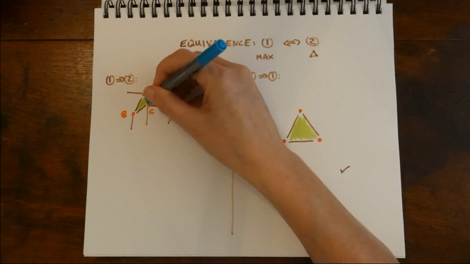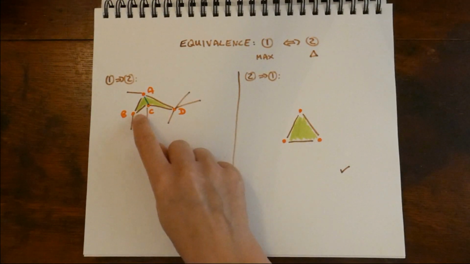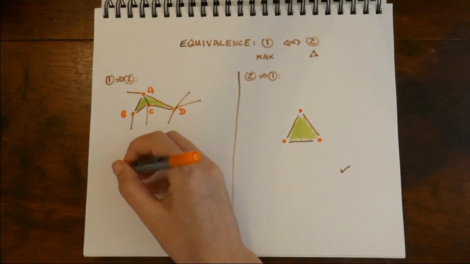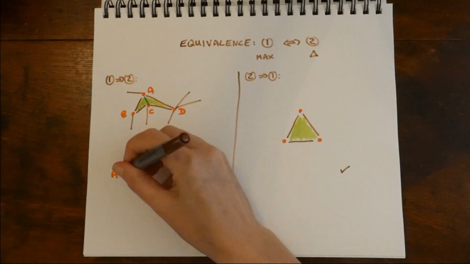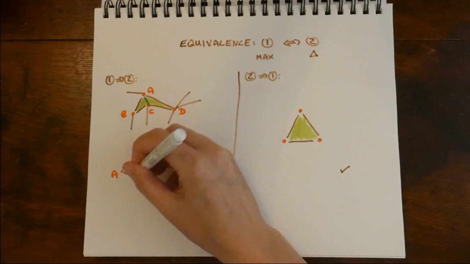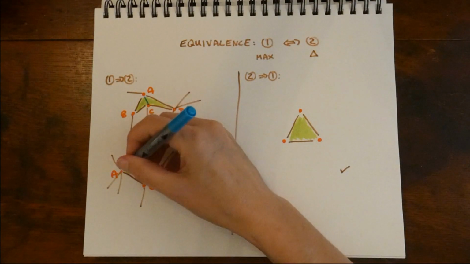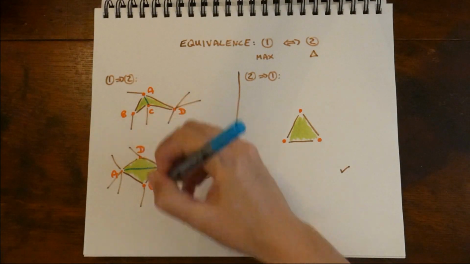And now I claim that we can add either an edge between A and C or an edge between B and D. Or if the quadrilateral is convex, which means that all angles are less than 180 degrees, then we can actually add either of the edges AC or BD.